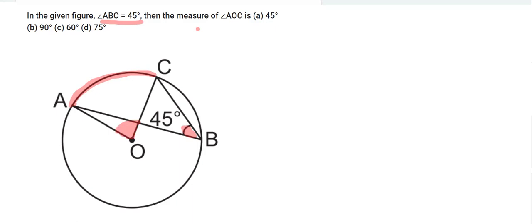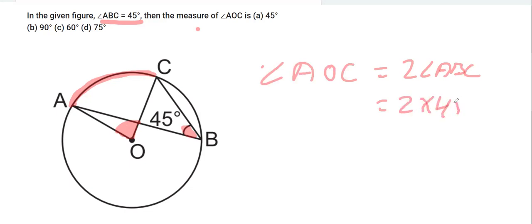We know that the angle subtended by an arc at the center is twice the angle subtended by it on the remaining part of the circle. So the value of angle AOC will be twice angle ABC, that is twice of 45 degree. So it comes out to be 90 degree.